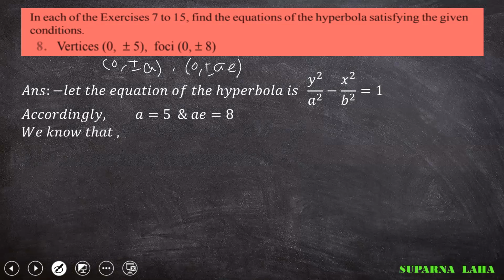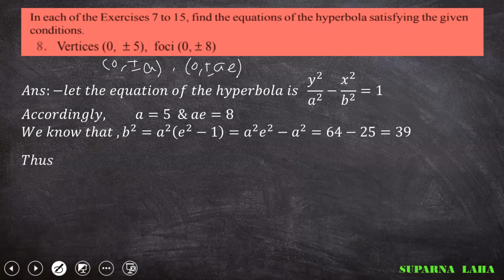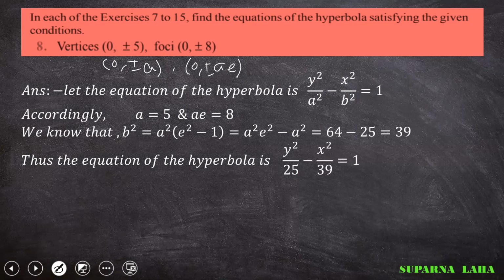So b square can be written as (ae) the whole square minus a square, that is 8 square minus 5 square, that is 64 minus 25, which is equal to 39. So b square is equal to 39. So the equation of the hyperbola will be y square by 25 minus x square by 39 is equal to 1.